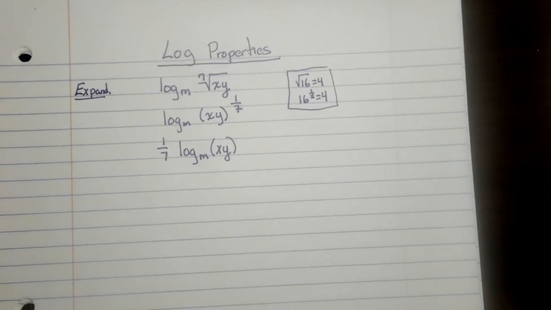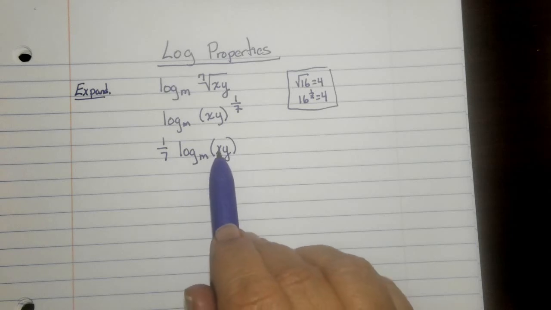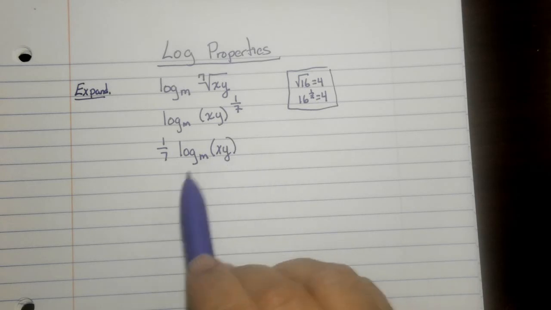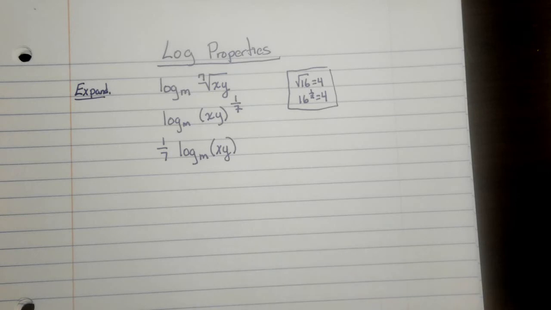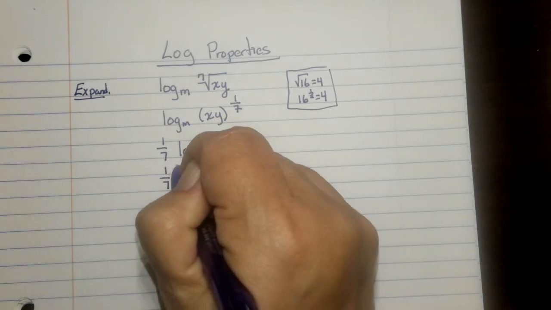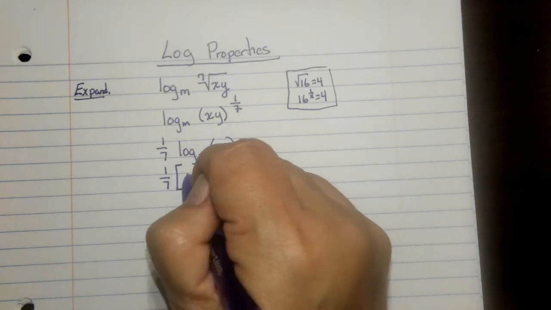Alright, well then we have a log property that says if you're taking the log of two things being multiplied together, that is the log of each one of those separately being added together. So this would then be 1/7, and then I'm going to need another grouping symbol, so I'm going to put a bracket.